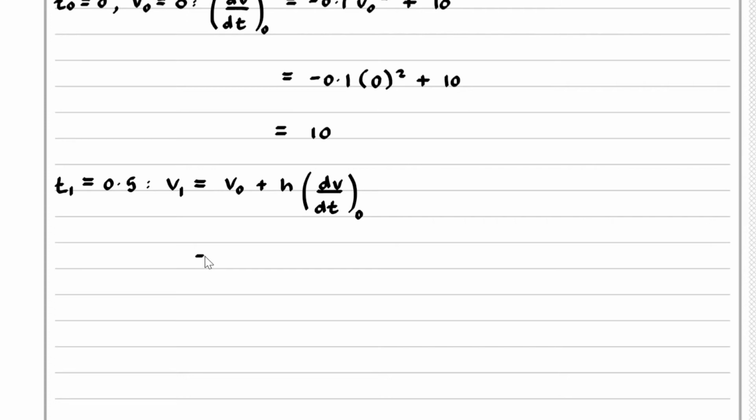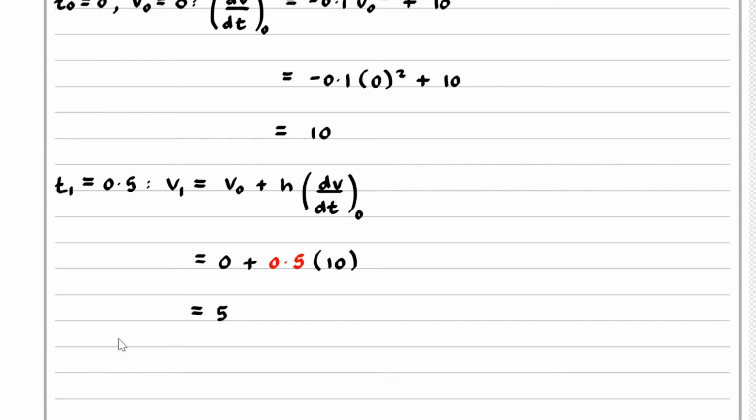So we've got v0, which is 0, plus h, which is 0.5, multiplied by dv over dt naught, which is 10. So I've got a half of 10, which is 5.